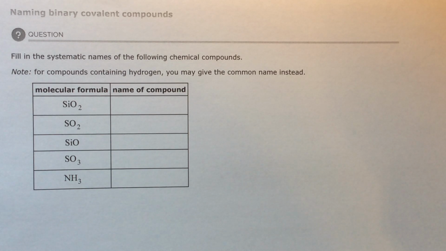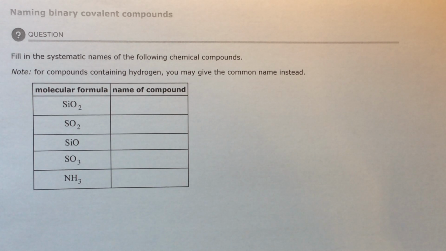And hopefully by now you're a master of those, so you'll be able to use them because they're asking for it in this one. All right, so if you'll recall how you do it, you name the first element just with its regular name. If there is more than one element, then you're going to use its prefixes before that name.